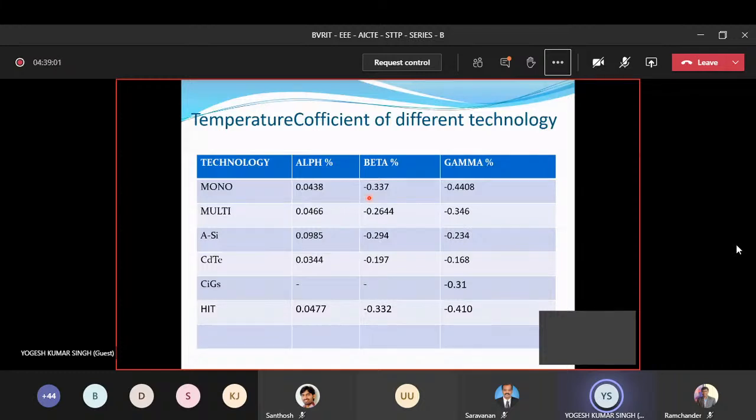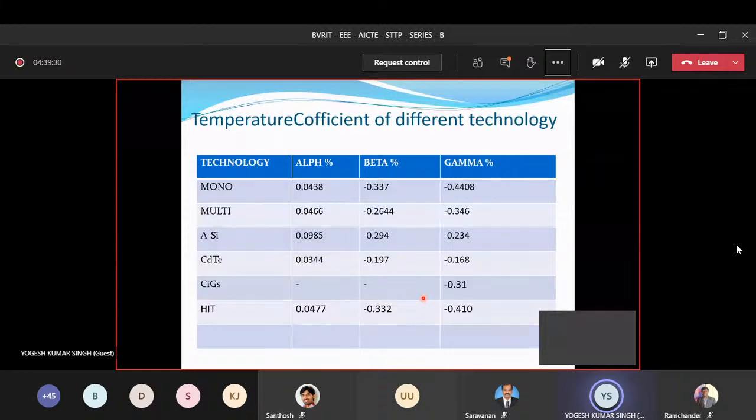Now the interesting point is here. Among the thin film technologies, CdTe has the lower temperature coefficient. Among all the temperature coefficients, CdTe is the lowest. What is the meaning of that? If you put a CdTe module in a high thermal condition like Rajasthan, it will definitely give more power compared to other technologies.